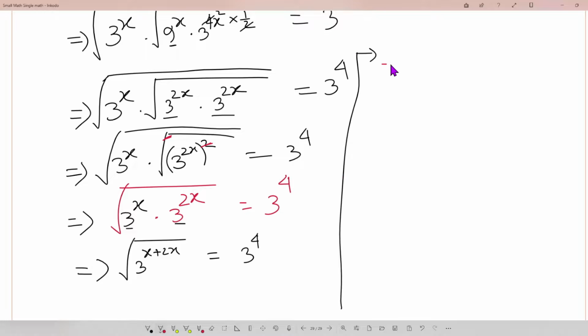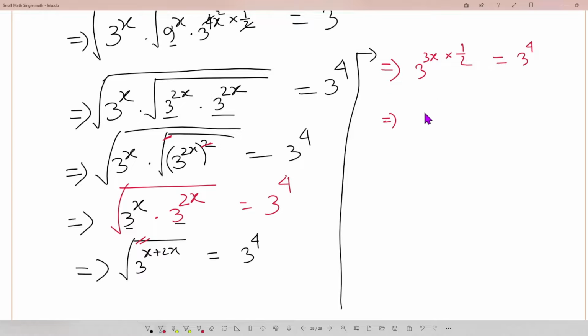Then we can write 3 to the power 2x plus x is 3x, times 1 by 2 because we want to omit this root sign, equals 3 to the power 4.